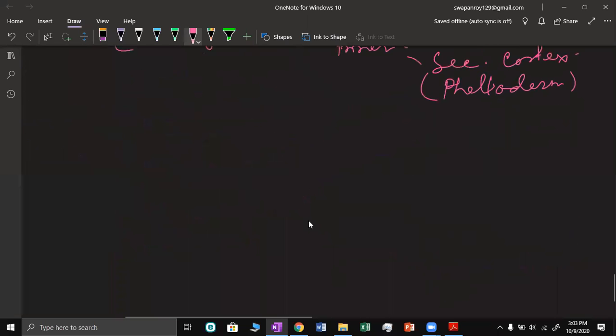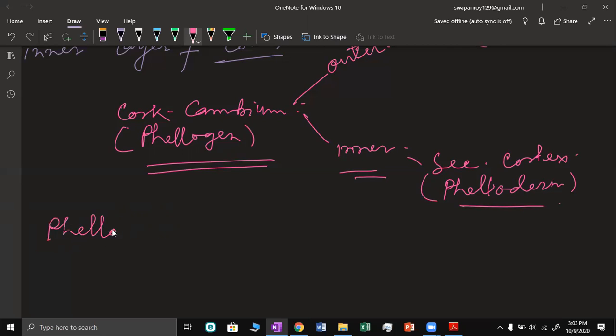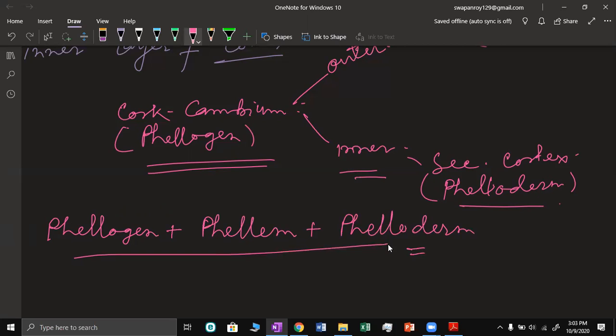These secondary tissues produce a very thick wall-like structure, impermeable to water, and this portion, the phellogen plus phellem plus phelloderm together, forms a structure that is known as periderm.